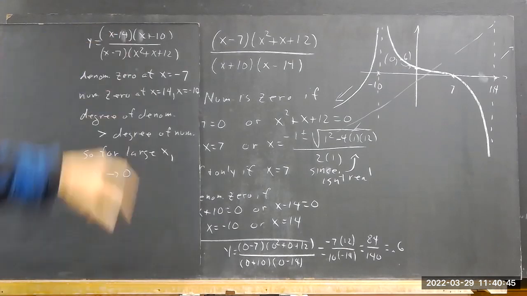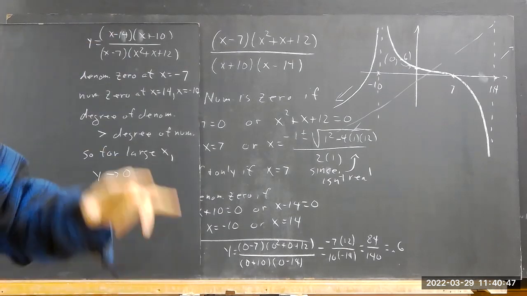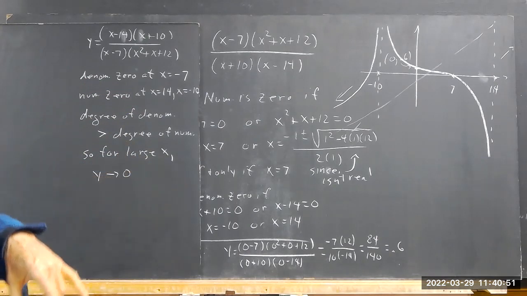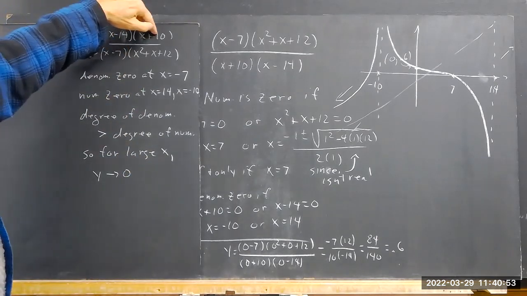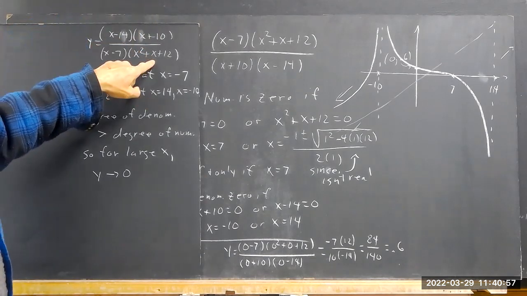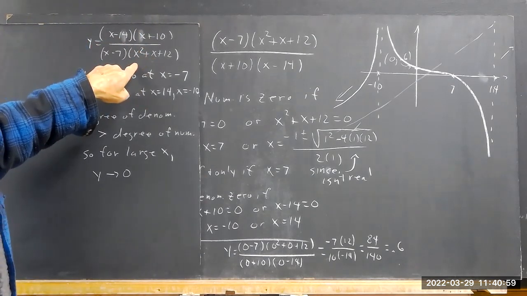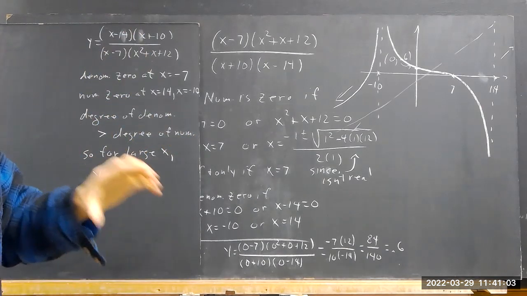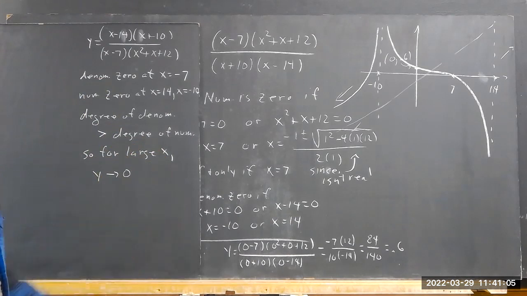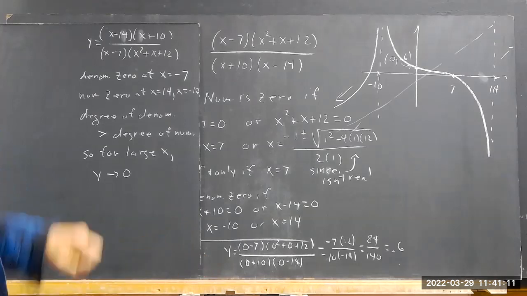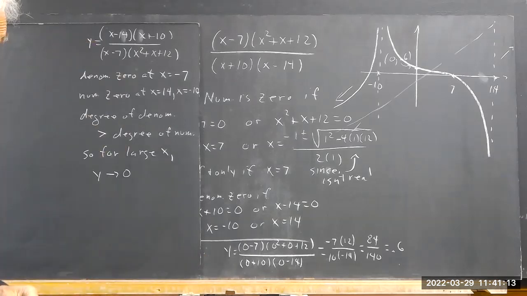Degree down here is bigger than the degree up here. If x is a big positive number or negative number, then you have a big times a big, right? Divided by a big times a bigger big, because of the x squared. Something you're well off understanding rather than just memorizing rules about degrees, because you can forget those rules if you know the reason for them. You can think about it. So you want to think about what happens if x gets really big.